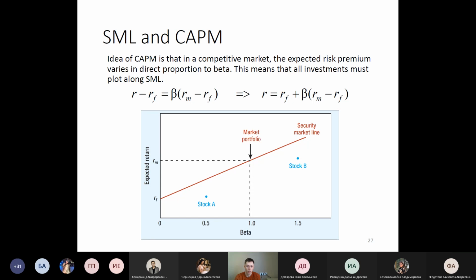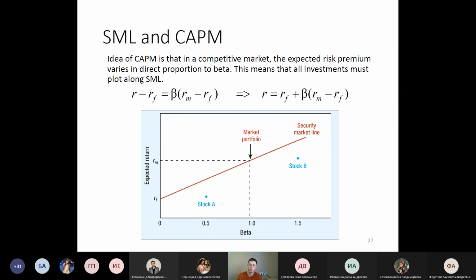And the principle of this model is that instead of investing into a single stock, rational investors would rather invest into a portfolio of stocks. Therefore, the demand for some individual stocks will go down, so the price goes down, and the expected return goes up.